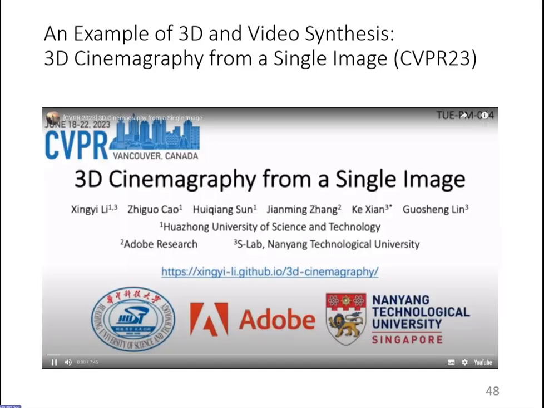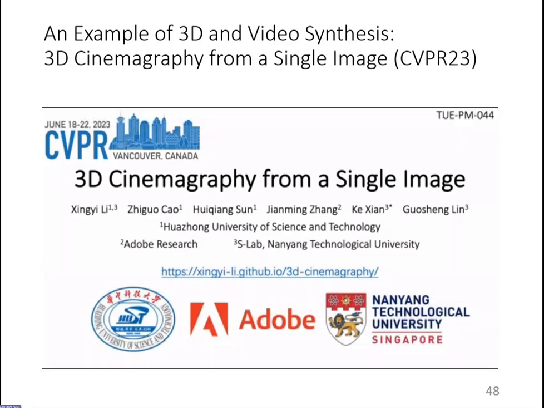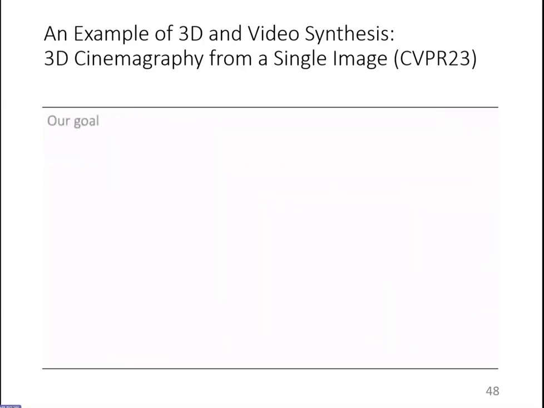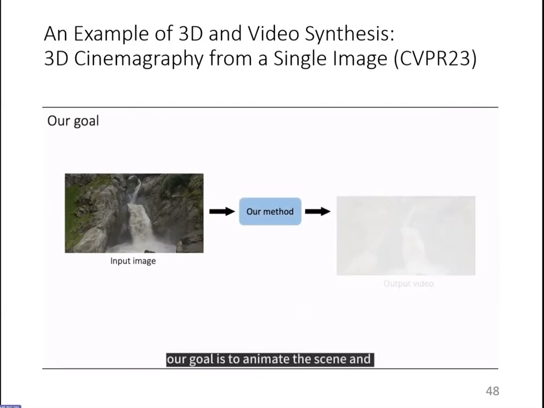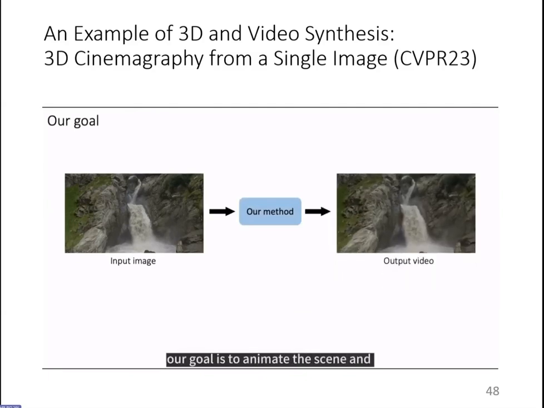Okay, take a look. In this video, we will introduce our work in 3D cinematography from a single image. Given a single still image, our goal is to animate the scene and simultaneously enable camera motion. This will bring many still images to life and provide a drastically vivid experience.